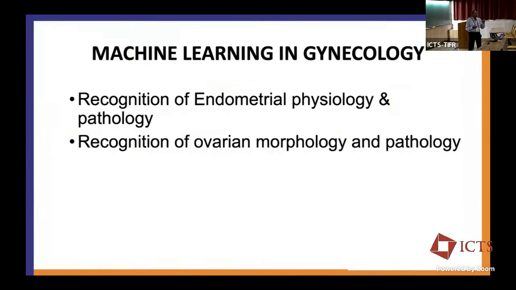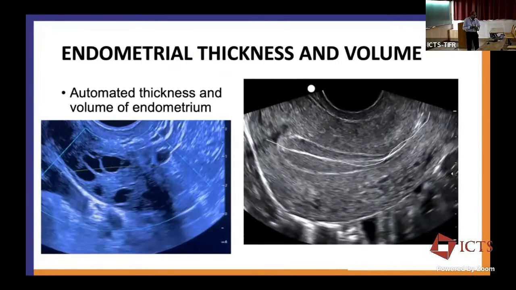Let's go to gynecology. Now, recognition of endometrial pathology and recognition of ovarian morphology and pathology. Briefly, we touched upon this yesterday. So here is a transvaginal picture of the uterus, and that's the endometrial line, and that's the cavity, and that's the myometrium. So here, what I'm looking for is, is the myometrium homogeneous?